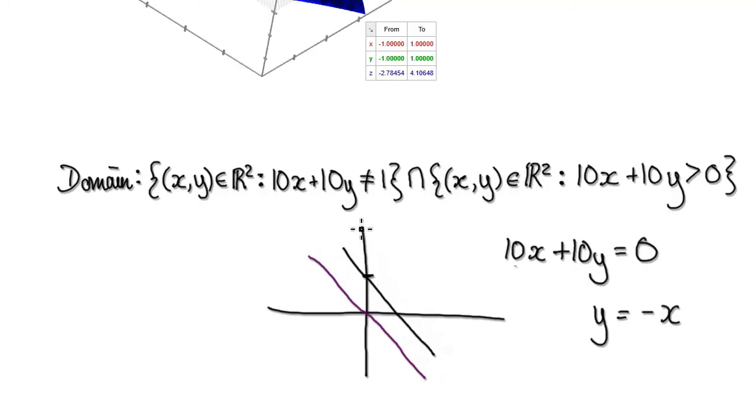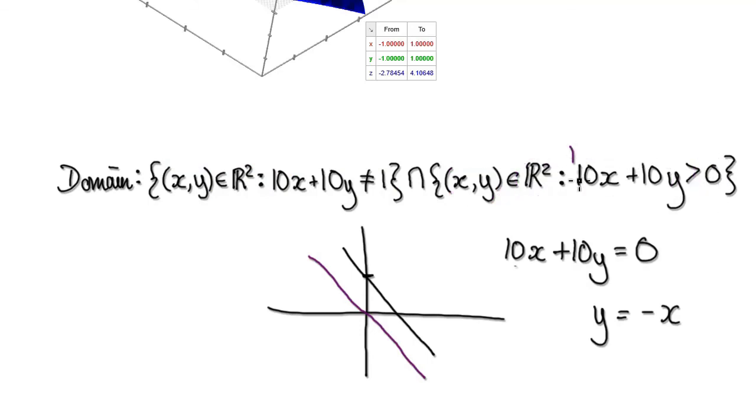So the domain is xy belonging to the 2D plane, such that this thing here cannot be 1, union with xy on the 2D plane, such that this thing has to be strictly greater than 0.